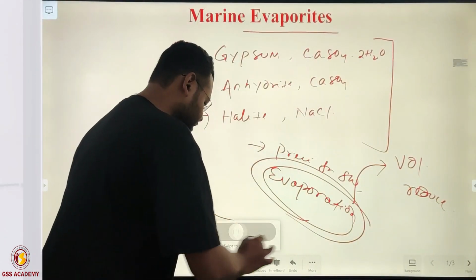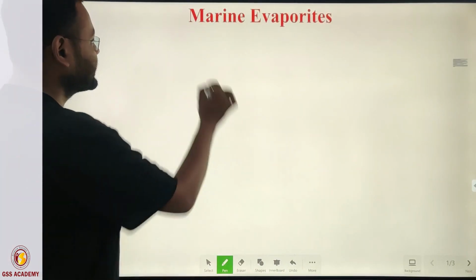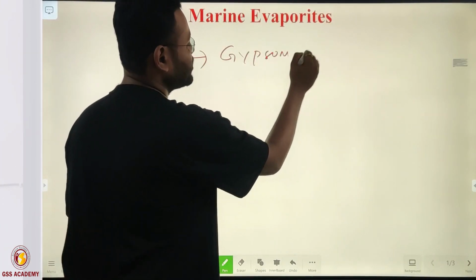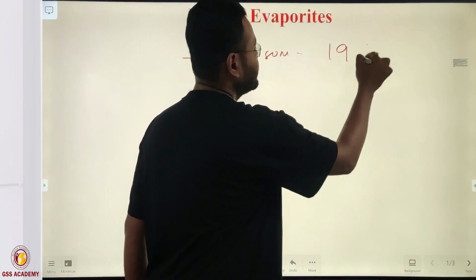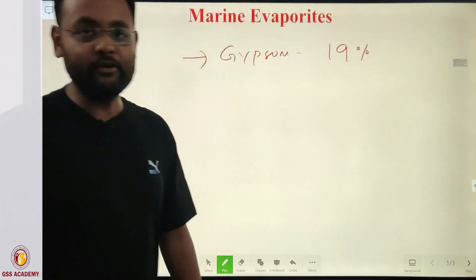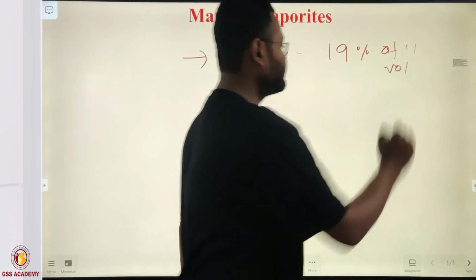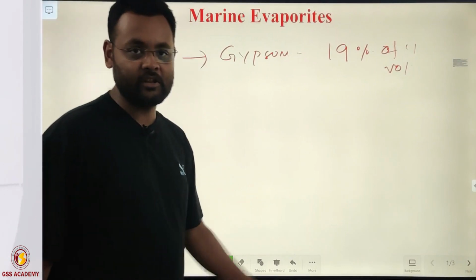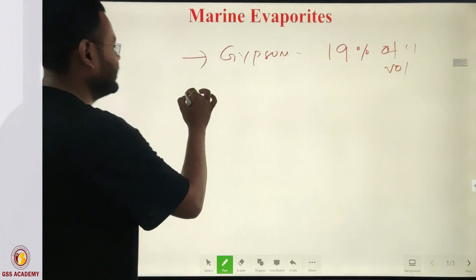Now a relatively important point to remember: gypsum normally forms when, by means of evaporation, the seawater is reduced to 19% of its volume.